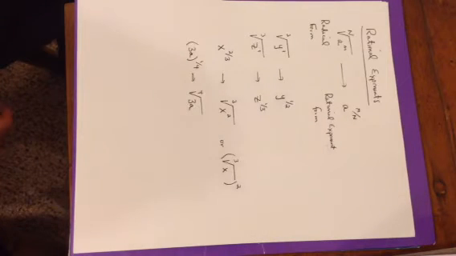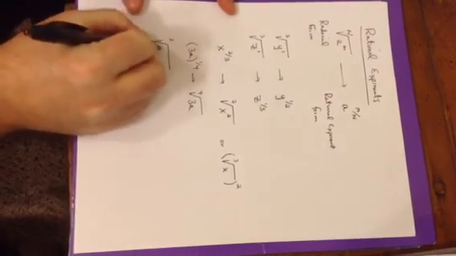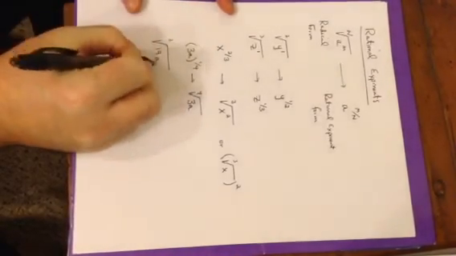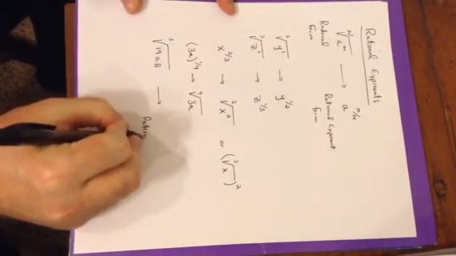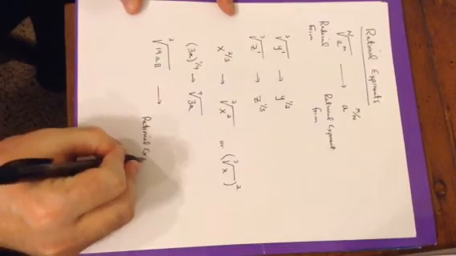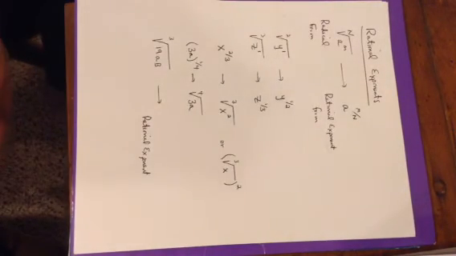Okay, so here's what we're going to do. This is going to be your last you try. What I want you to do is convert this to rational exponent. As you think of this, think of that radical as a set of parentheses.